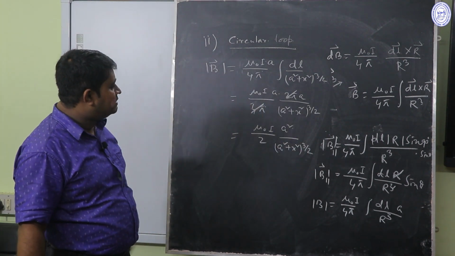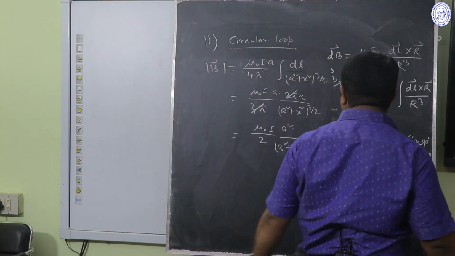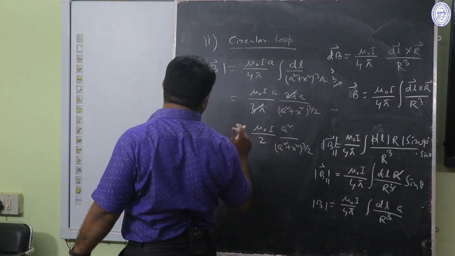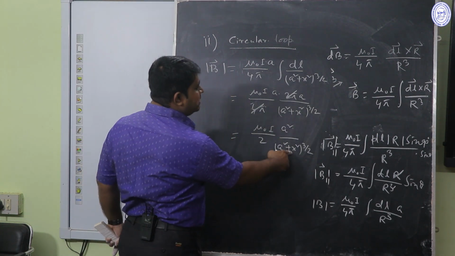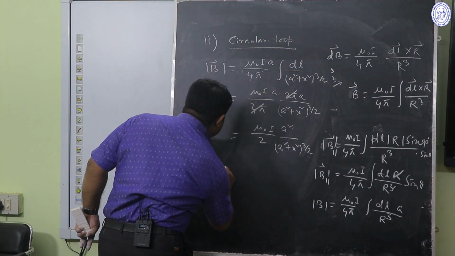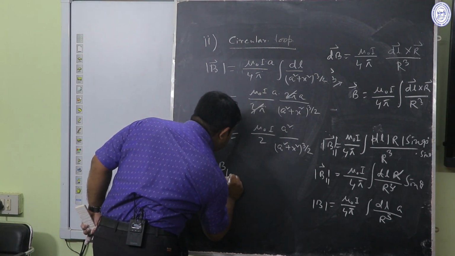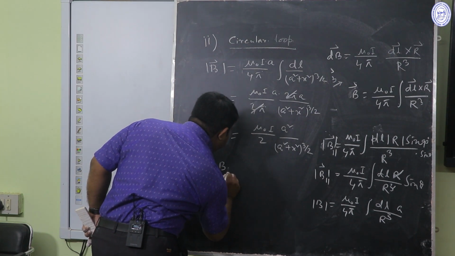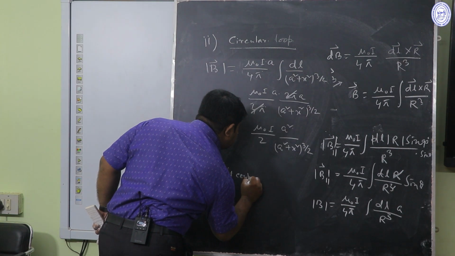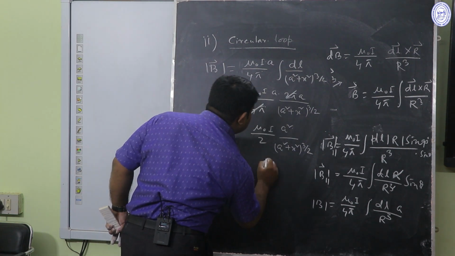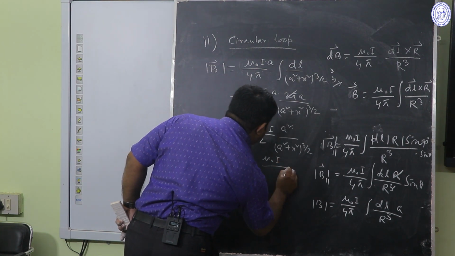So this field is produced due to the loop. The magnetic field at the center of the loop is obtained by putting x equal to 0. So the magnetic field at the center is equal to mu 0 I by 2a.